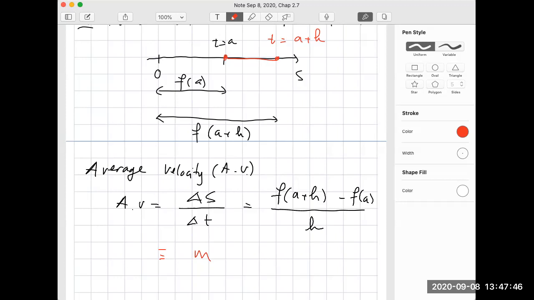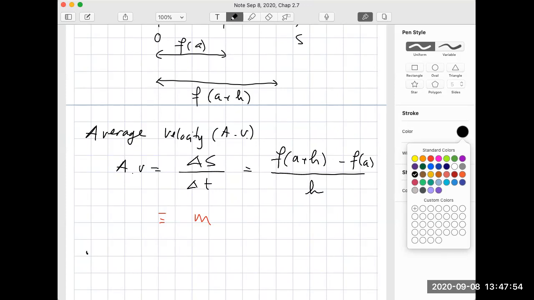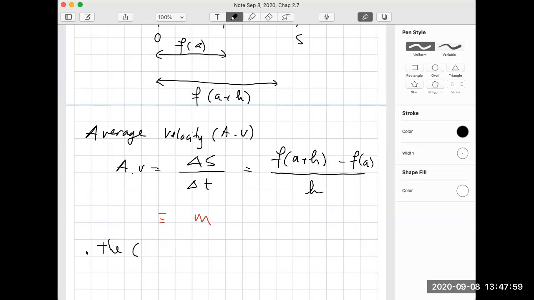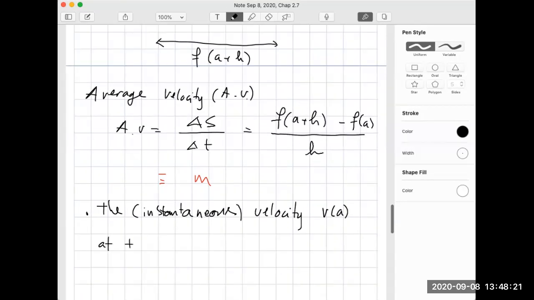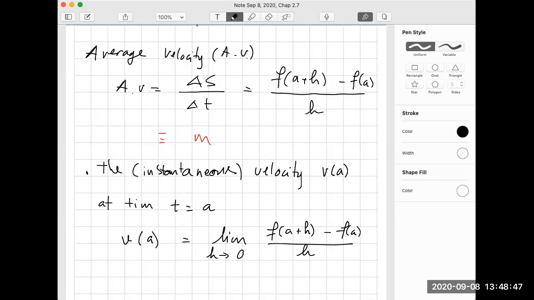So the instantaneous velocity v at the time t equal to a is defined as v of a equal to the limit of the change in position over h, as h approaches 0. Okay?